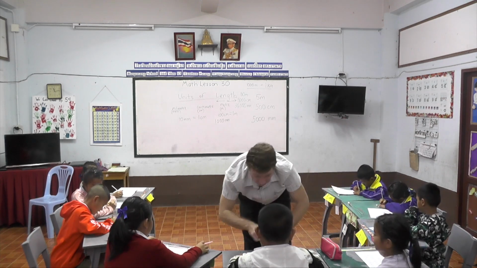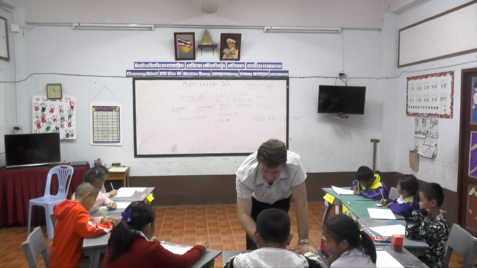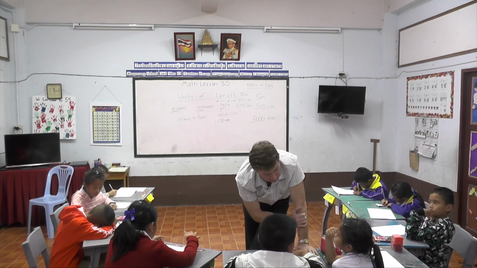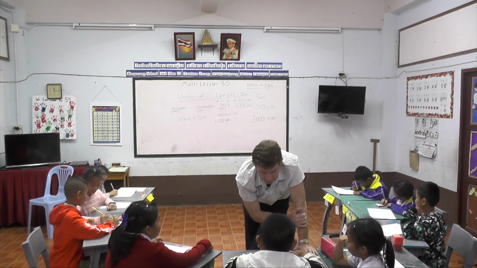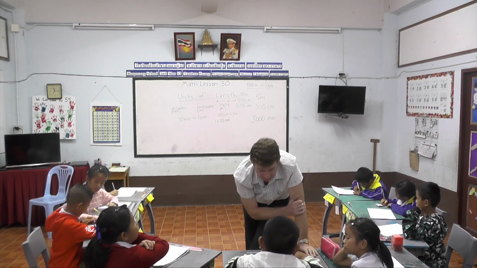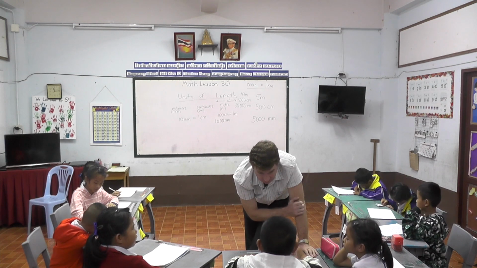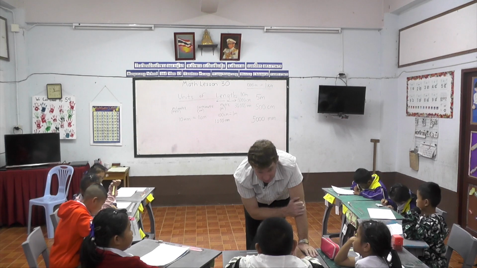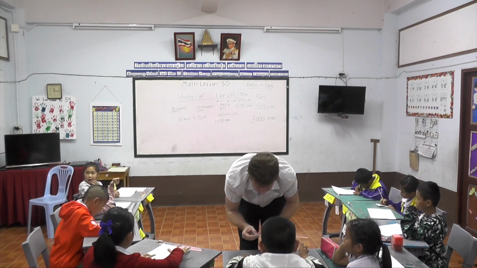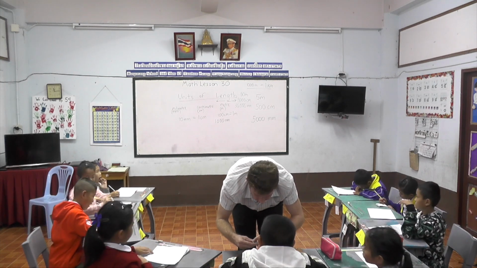How about this one? 60 meters, 6,000 centimeters. What do we think? Yes. And then 60,000 millimeters. Because 1,000 millimeters is 100 centimeters. You see? It's the same, like here we have 1 millimeter.